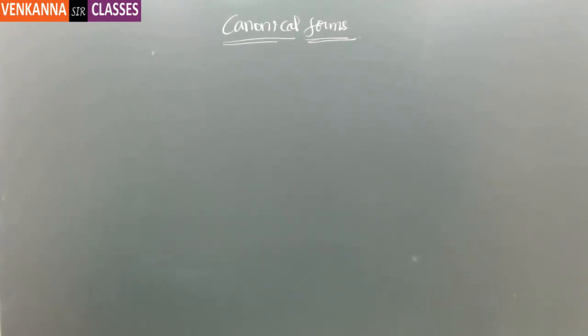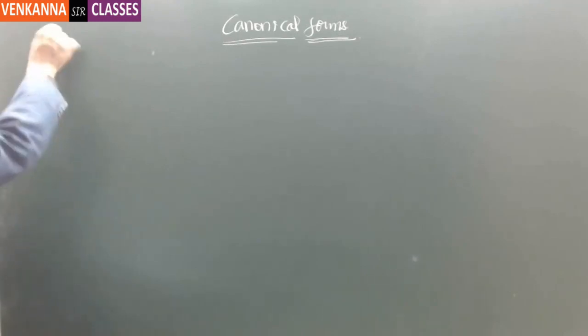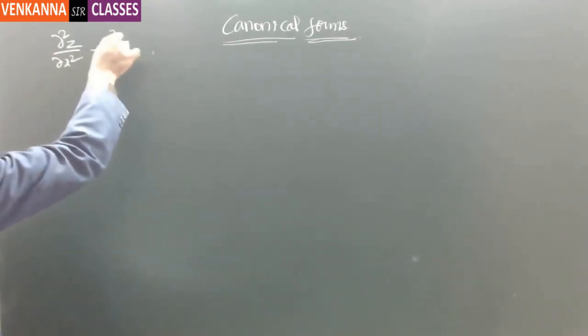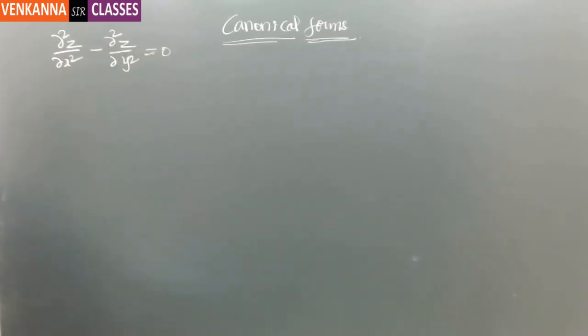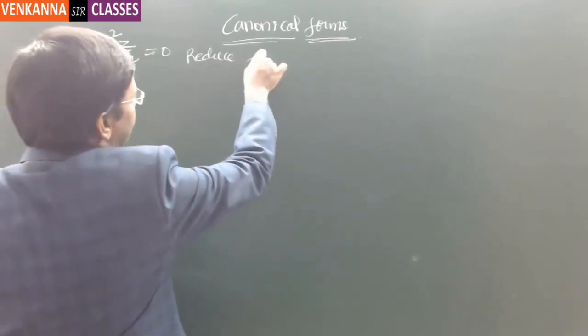Note down this problem: dou square z by dou x square minus dou square z by dou y square equal to 0. So this needs to be reduced to the canonical form.